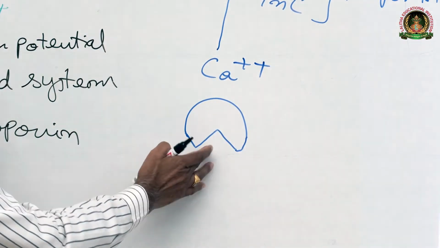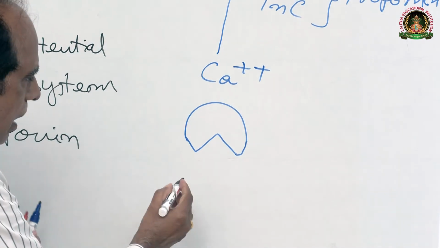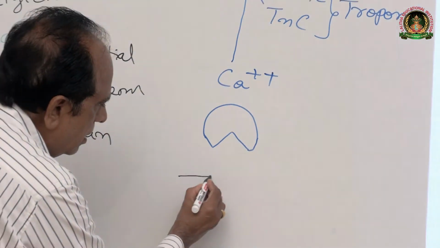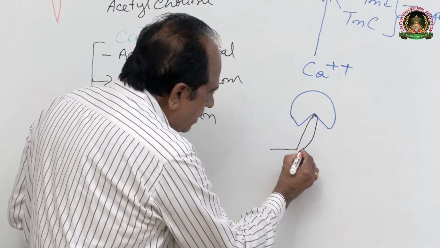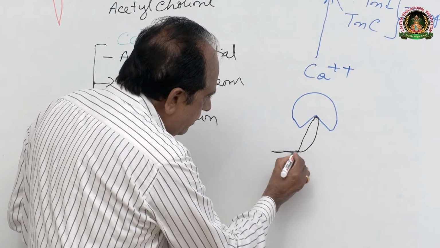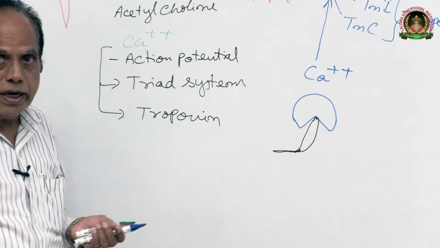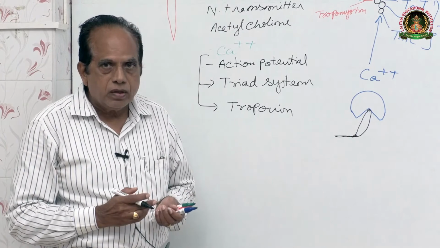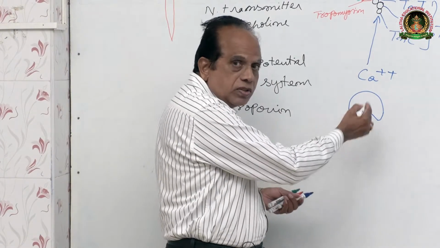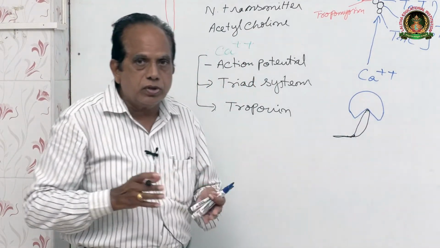So, there is no tropomyosin here, and as a result, the head of the myosin fits into the active binding site or myosin binding site of actin to form the actomyosin complex. It occurs only during muscle contraction.